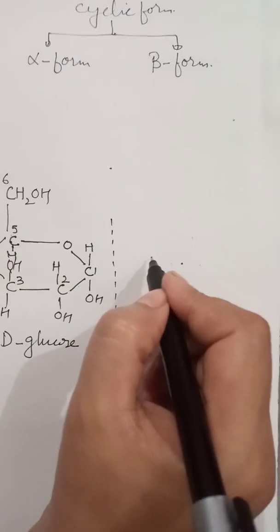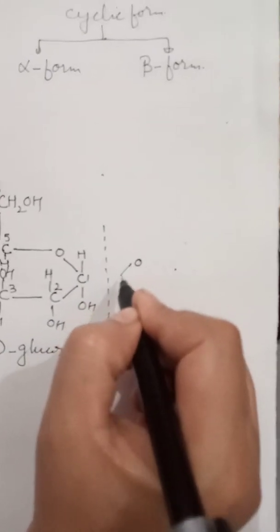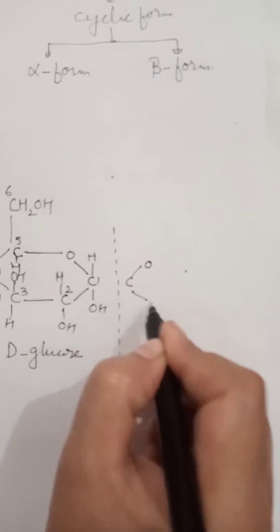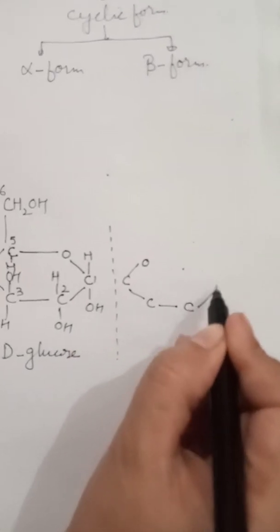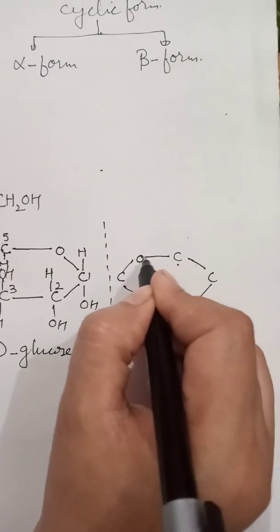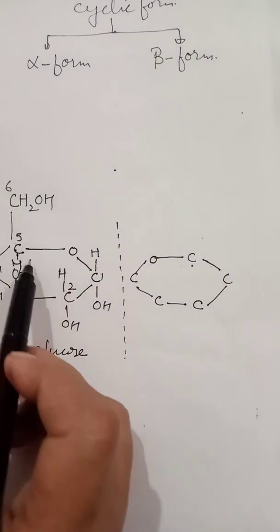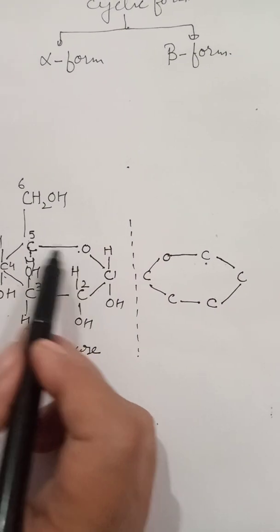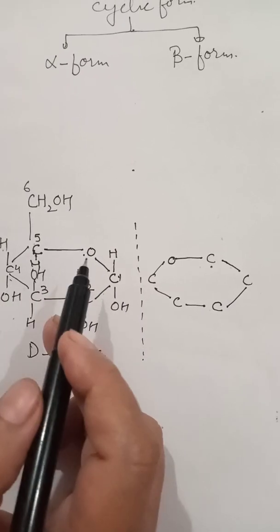If I write another, L-glucose, it will be in this form. And now, as I told you, in pyranose, the oxygen makes a link between carbon number 1 and carbon number 5.